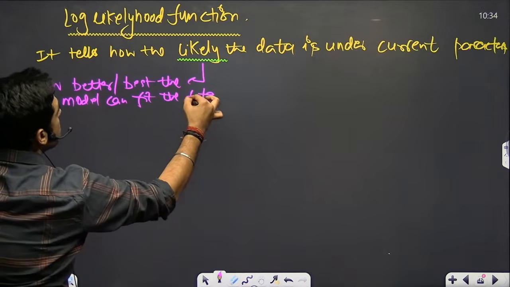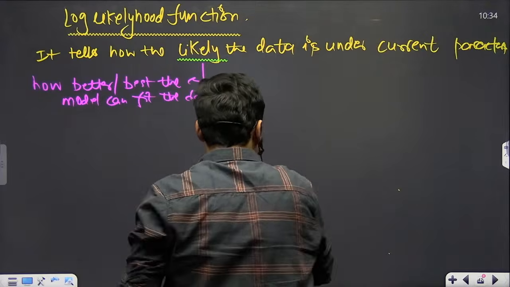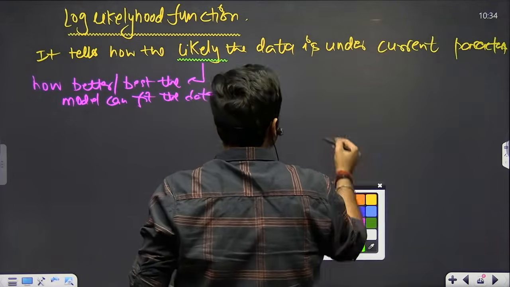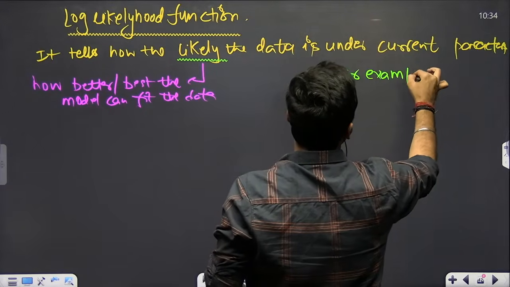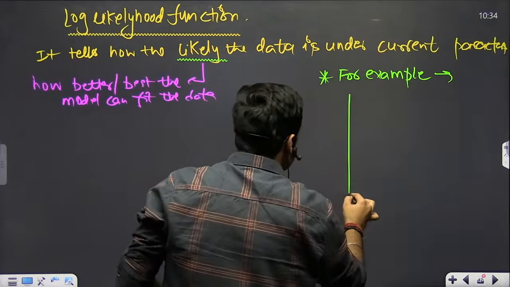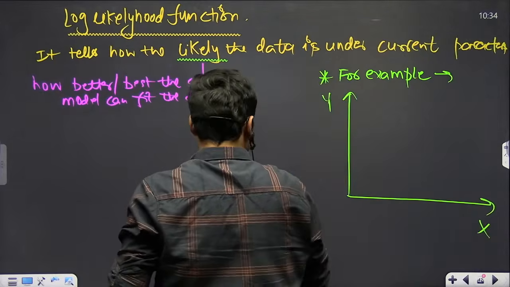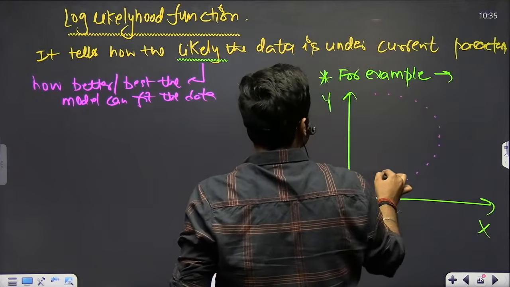I hope you are able to understand. For example, in logistic regression, if I give non-linear data, for example if this is x and this is y, and this is the scatter plot of the data.